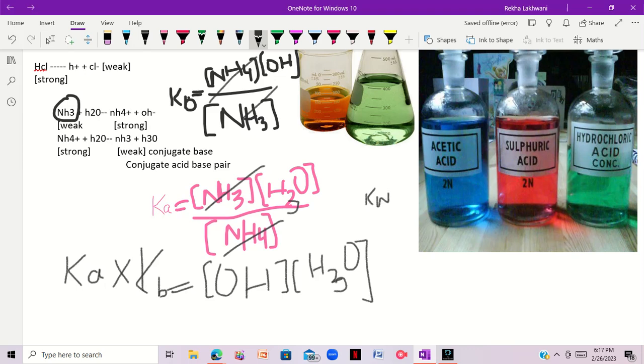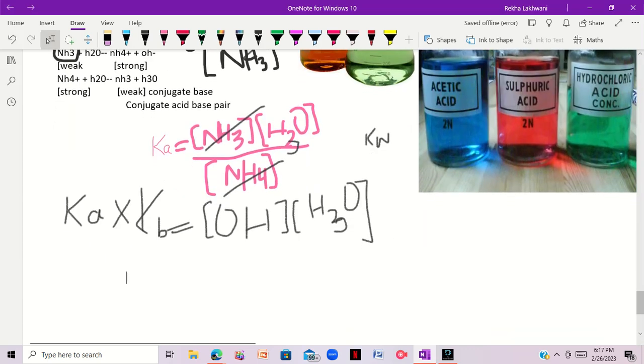So over here Ka multiplied by Kb is equal to Kw, right? So this is the equation which we'll get.